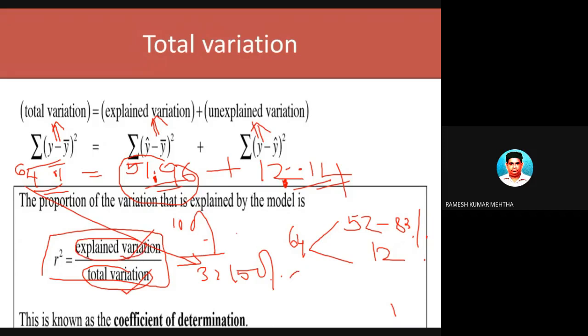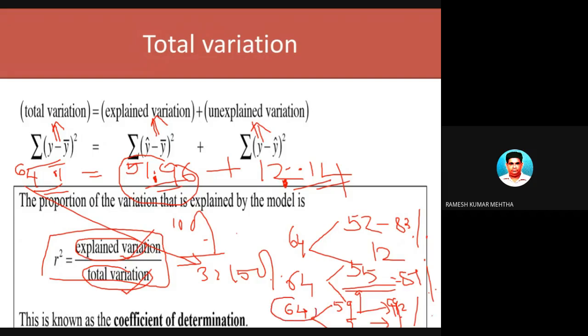For example, out of 64 in a different model, SSM or SSR is 55 and this is 9, so now this is again becoming a very strong model because it is explaining the variance to the extent of 87 percentage. Another model on the same data, you have incorporated some more new independent variables and you got this as 59 and the remaining unexplained is only 5. So in this case, it is 92% if I'm accurate. So 92% of the variance is explained.